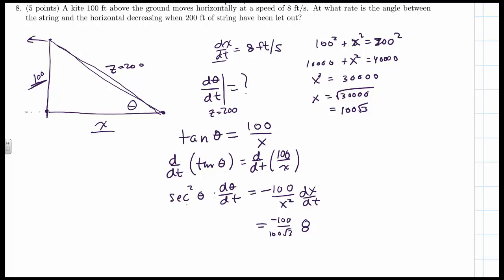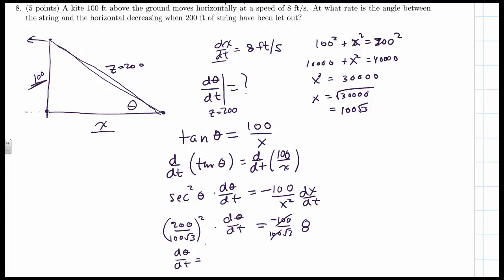Do I know secant? Well, what's secant? Secant is the hypotenuse over the adjacent, squared, and I'm looking for d theta/dt. So it looks like I've got an equation where the only thing unknown is that. So d theta/dt is equal to, let's see what we got here.